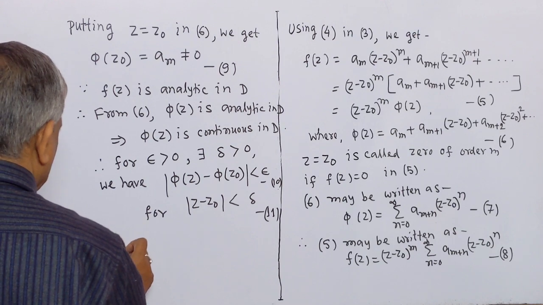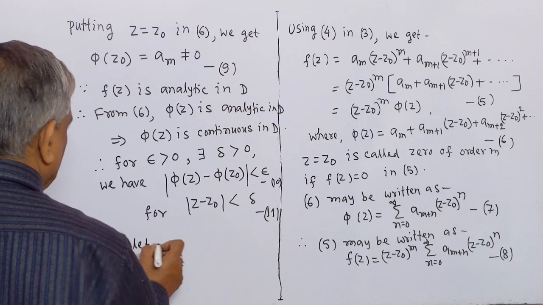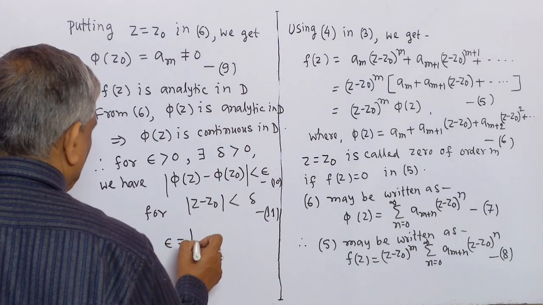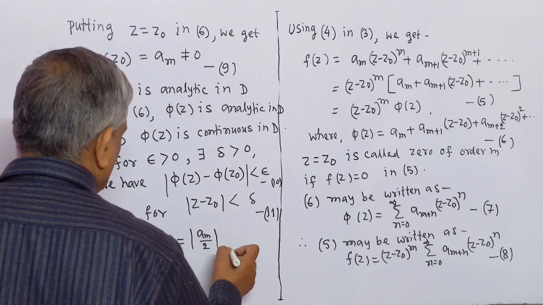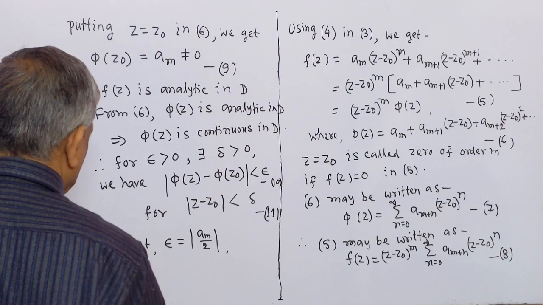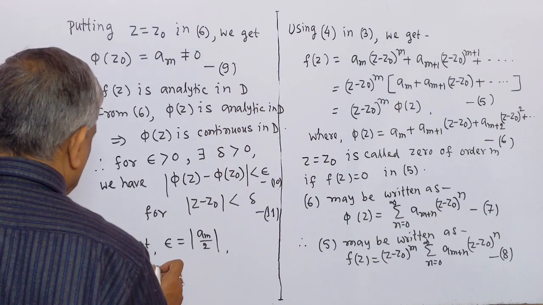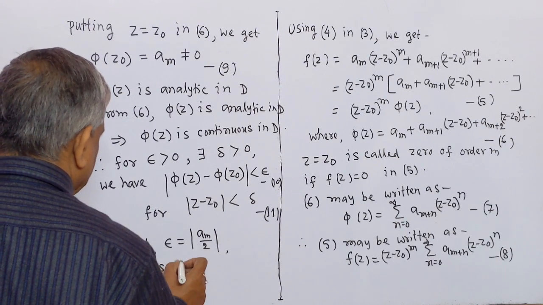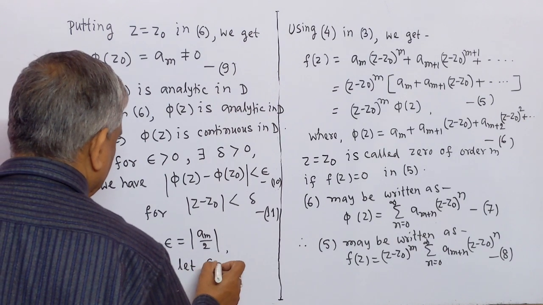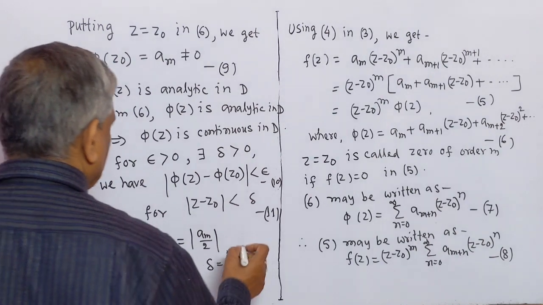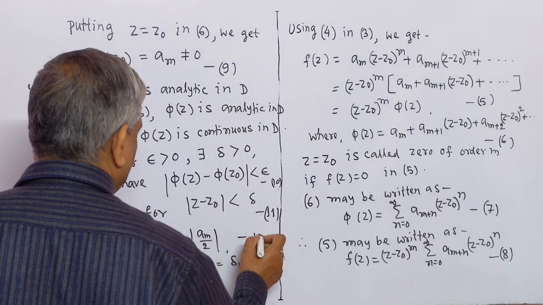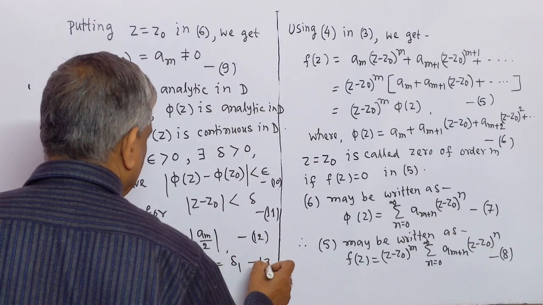Now let epsilon equal to modulus of a_m by 2. For this, let delta equal to delta 1. This is number 12. This is number 13.